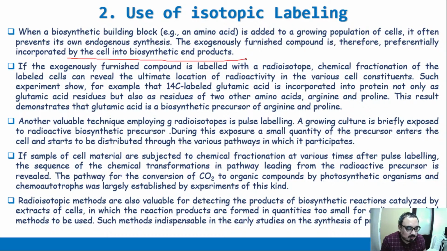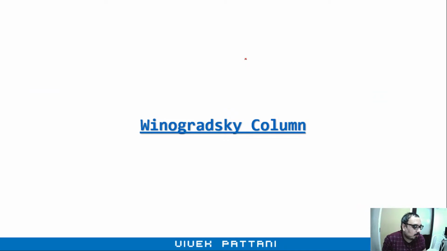Such methods were indispensable in early studies on the synthesis of protein. Nowadays, this is one of the most common methods to elucidate new pathways. As you all know, you must have studied radioactivity in your semester 4 also. This is the end of our methods used for metabolism.